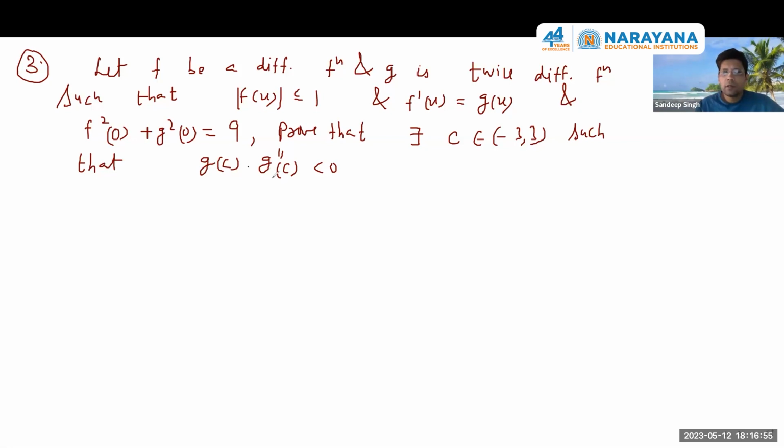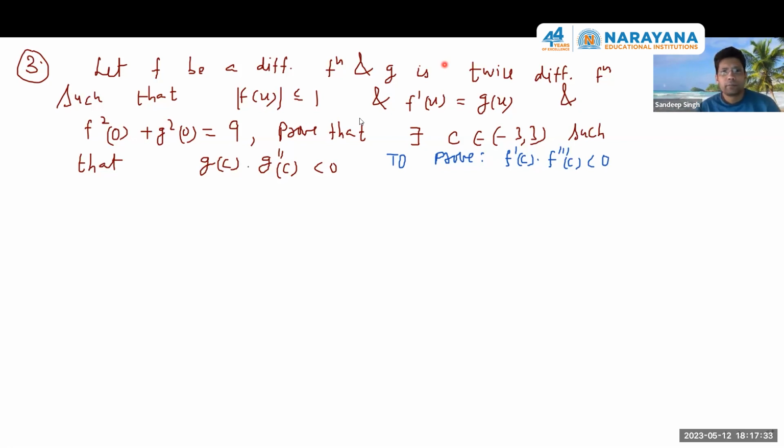So basically there is only one variable involved, F. G is F dash. So what is that we want to prove? To prove G of C, which is nothing but F dash C, into F triple dash C is negative. That means there exists some C where the signs of F dash and F triple dash are opposite. That is what we wish to prove in this problem. Is it clear? Question is clear?